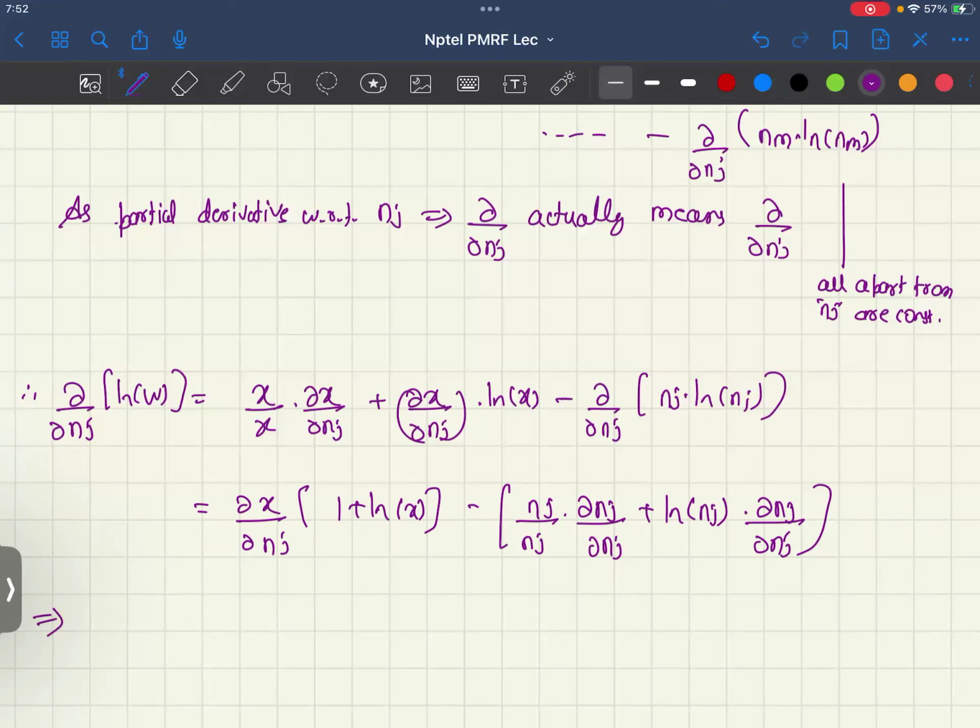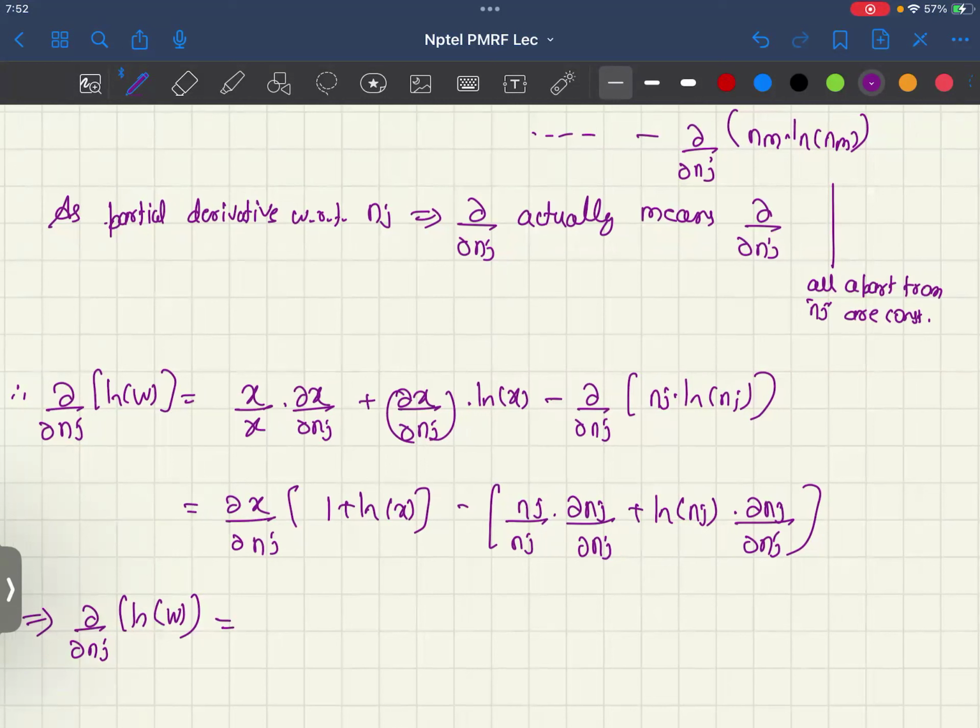This implies dou by dou nj of ln of omega is going to be equal to dou by dou nj of, substituting x, summation j is equal to 0 to m nj into 1 plus ln of x, minus of 1 plus ln of nj.